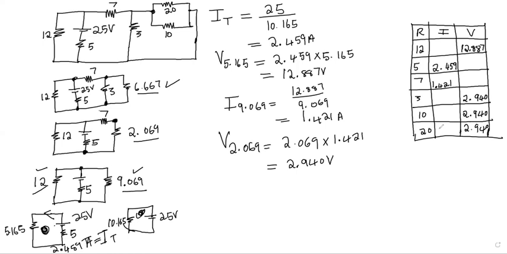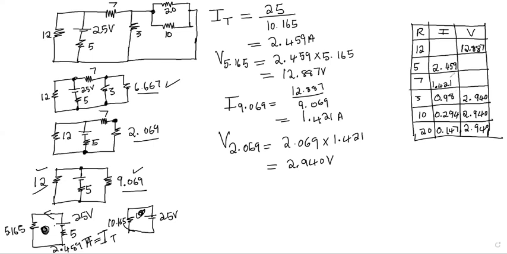The current through 20 ohm is 0.147. The current through 10 ohm is 0.294. The current through 3 ohm is 0.98.